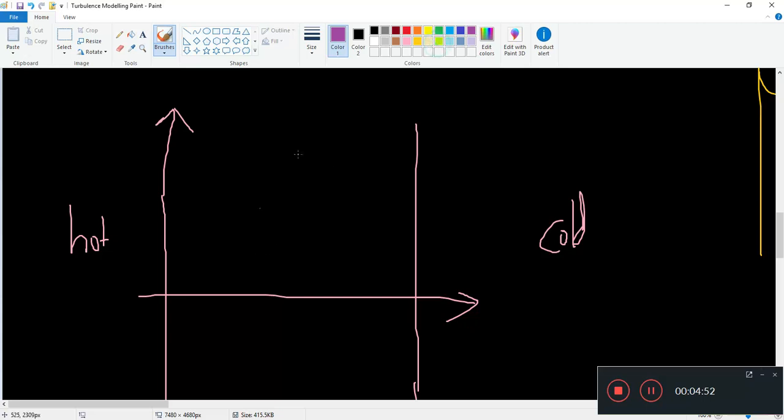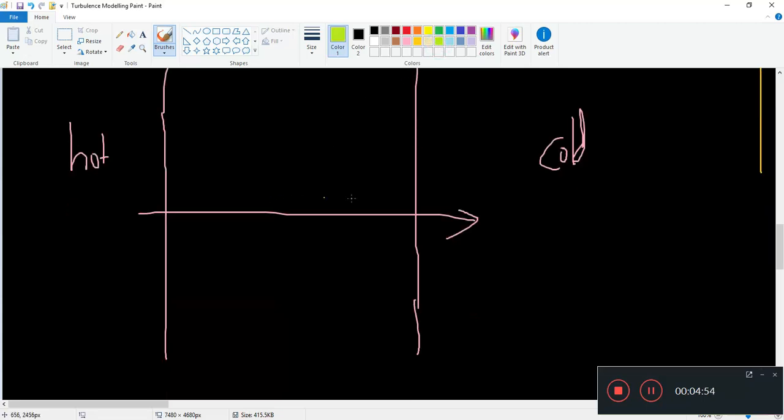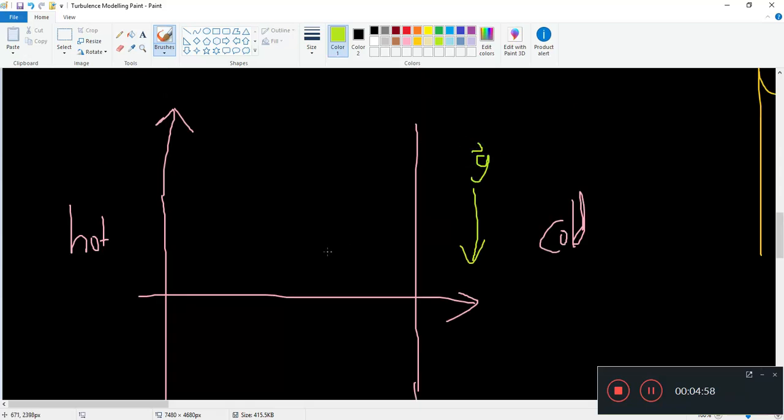You have to specify gravity, so gravity is this way. In the natural convection case, your velocity profile will be something like this: a big bump at the hot wall, and at the cold wall you have this big bump here.